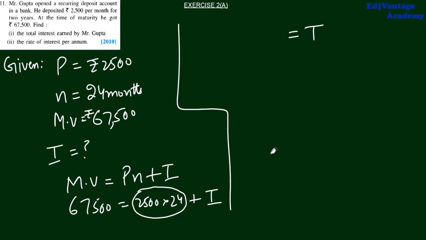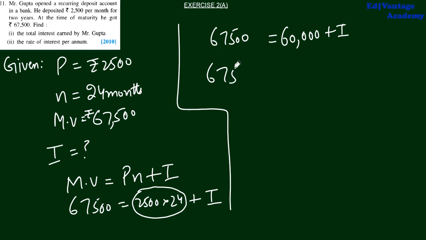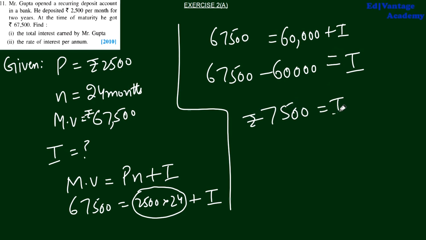So 2,500 into 24, that's 60,000, and this side we have 67,500. So 60,000 goes to the left, and what is remaining on the right side is I, that is 7,500 rupees is the interest. So you got the answer for interest.